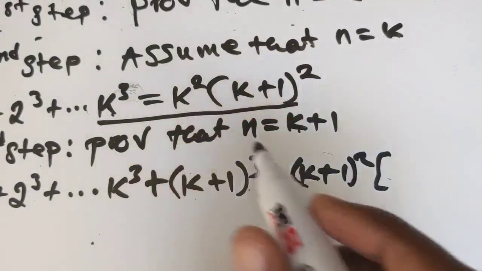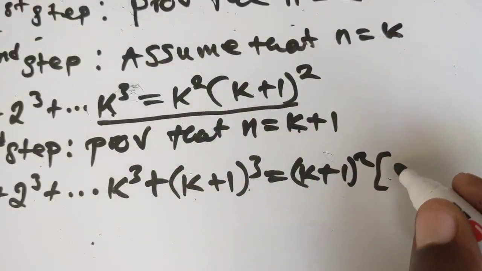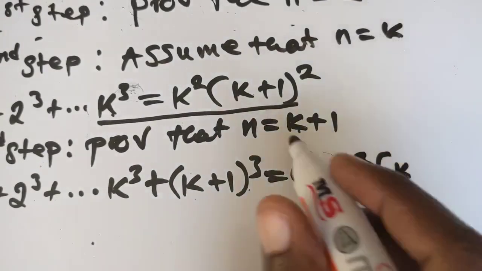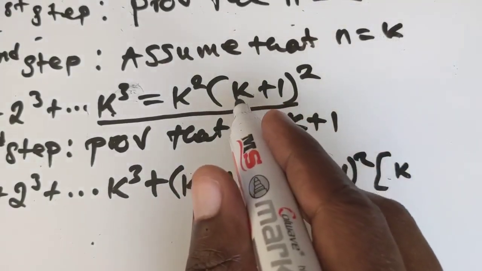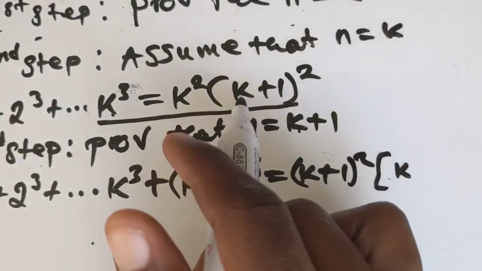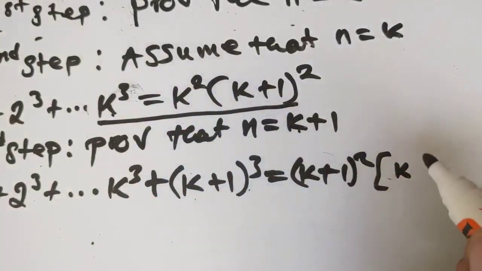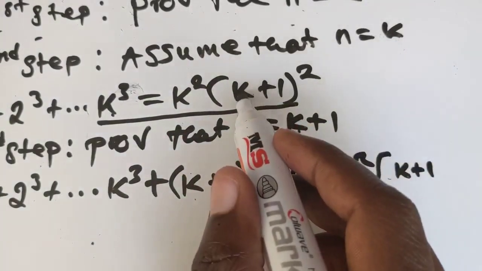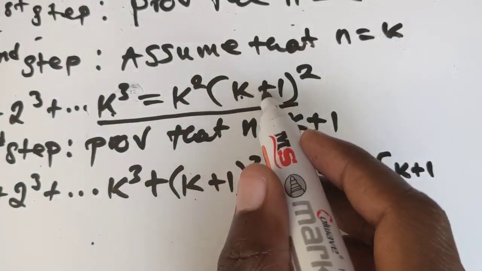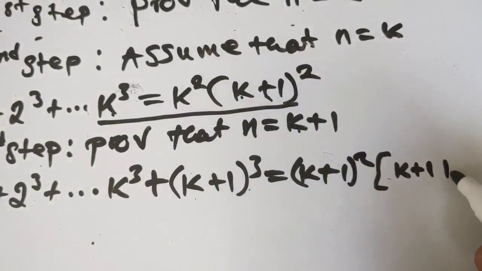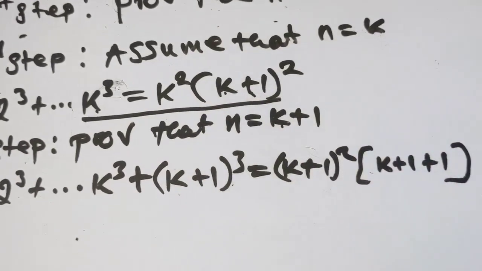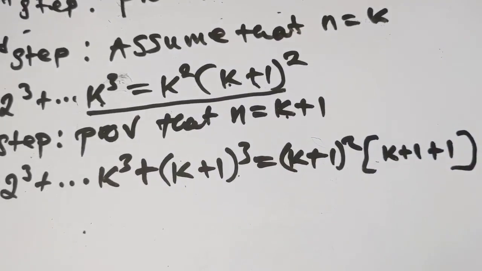We say this is k, we replace k by k plus 1, so this is k plus 1 plus 1 again, like that.